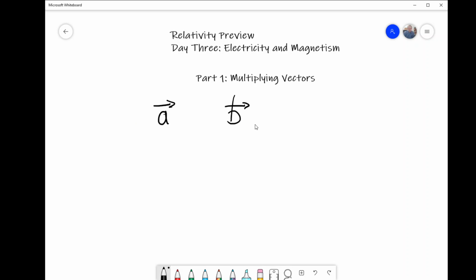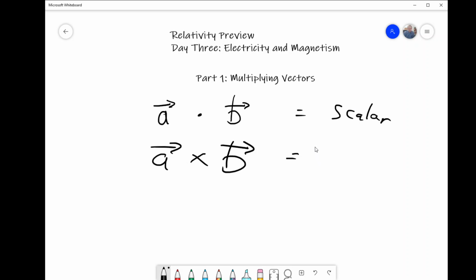There's magnitude and direction. If they were just magnitudes, multiplying wouldn't be hard, but how do we multiply something with directions? Turns out there's actually 2 ways to do it. There's a dot product, and there is the cross product. The dot product gives us an answer that's a scalar, not a vector. The cross product does produce a vector.